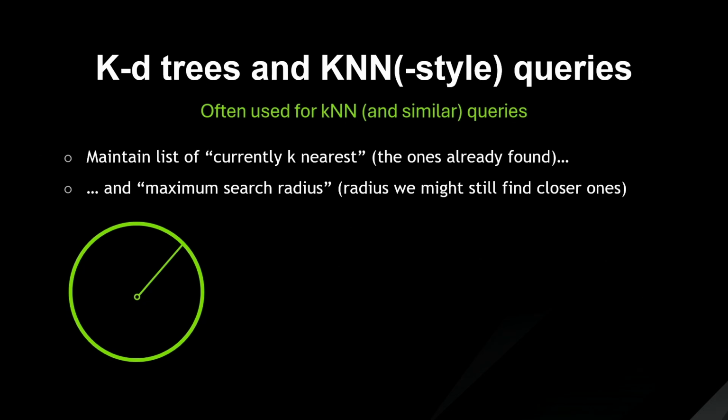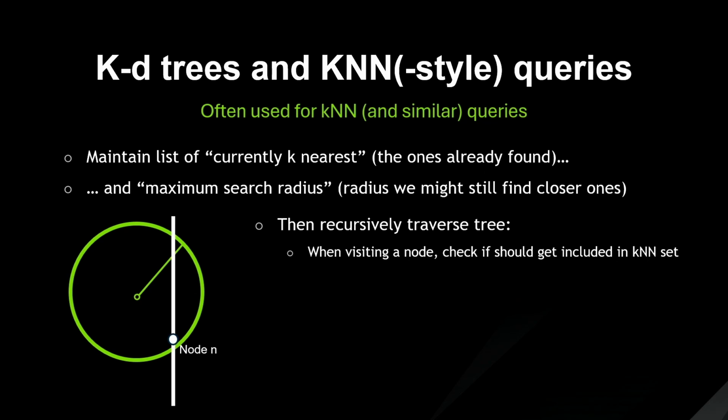And then if you have found a certain number of k points already, then of course you don't have to look for anything further than the furthest of those k, and that starts shrinking the radius. So you always have this set of k nearest points and this maximum search radius, then you traverse that down the tree. Every time you come to a node, that node is both a point and a split plane.